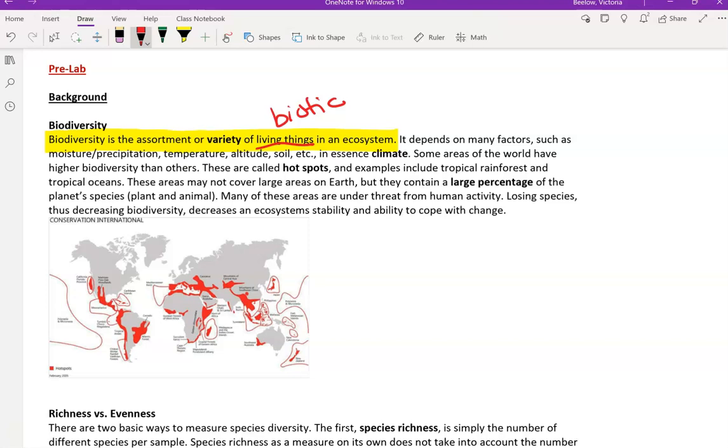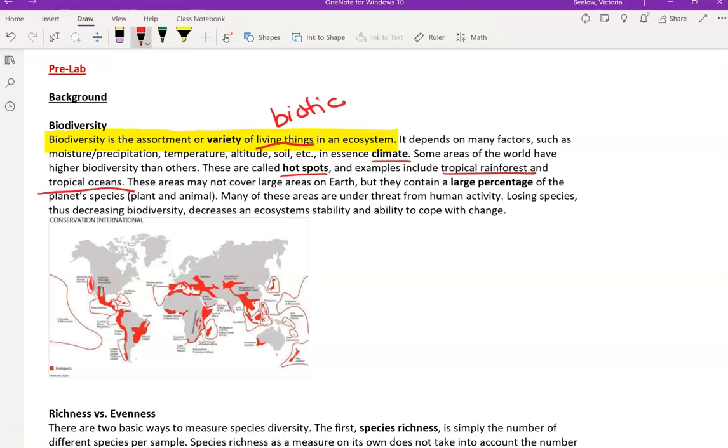Now, biodiversity can be influenced by climate, which is controlled by precipitation, temperature, etc. There are certain parts of the world that vary in climate and therefore also vary in terms of biodiversity. There are some areas that we call hotspots, and examples of hotspots, literally where it's hot, include tropical rainforests and tropical oceans.